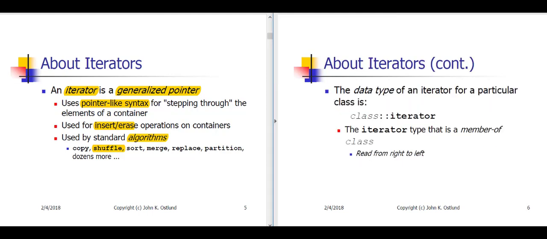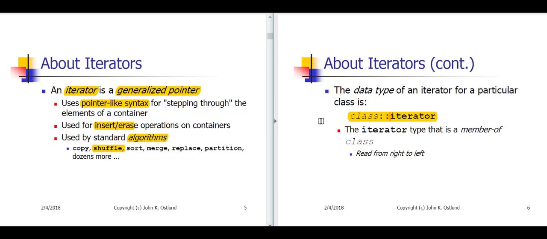An iterator is an object, and like any object, an iterator has to have a data type. The convention for the standard containers, vector, list, set, and so on, is that the data type of the iterator is the word iterator prefixed with the member of operator and the class that this iterator belongs to.